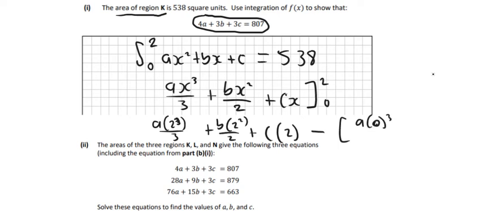I think all of these zeros will just cancel out, so it should make it nice and simple. Plus b times 0 squared over 2 plus c times 0.